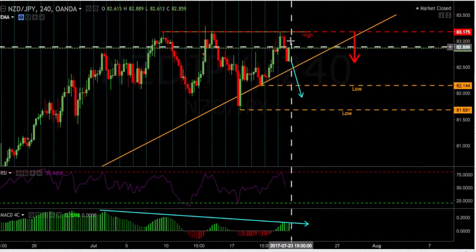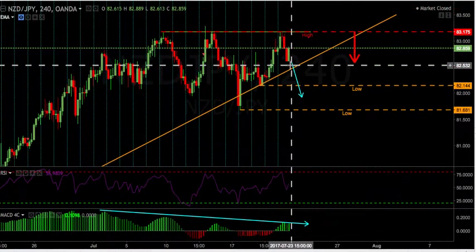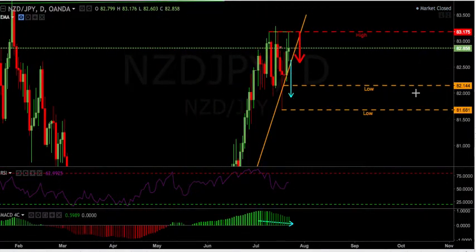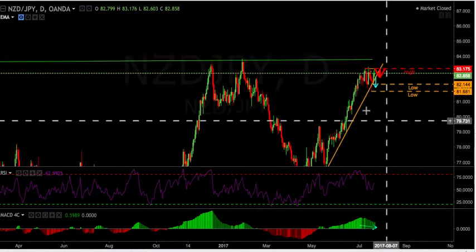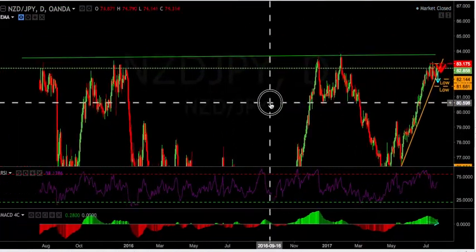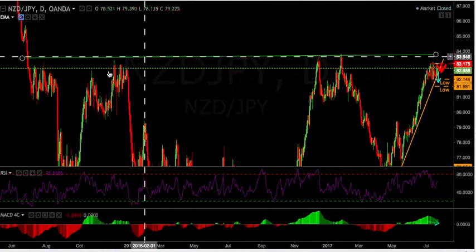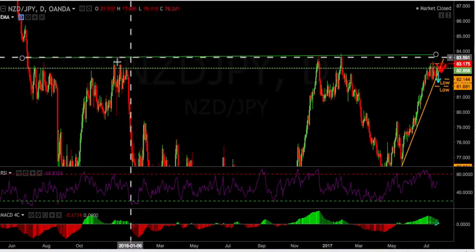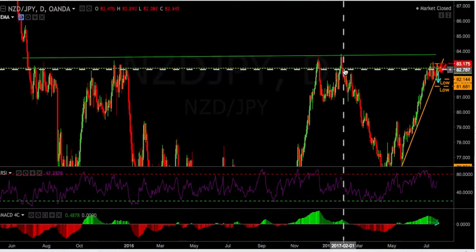So price is giving you another chance to get into this trade. Last time this price did this, okay, what's back here? 1, you don't even have to consider this one. 1, 2, 3.